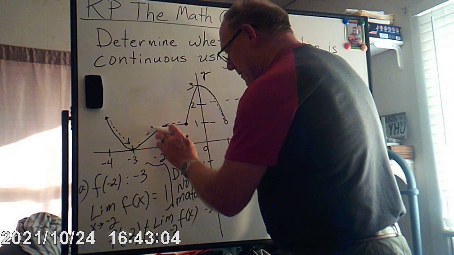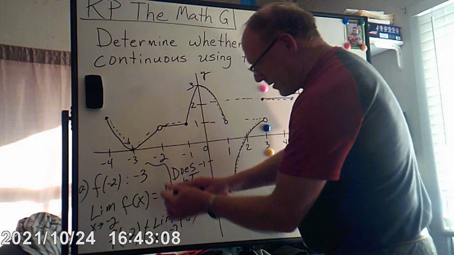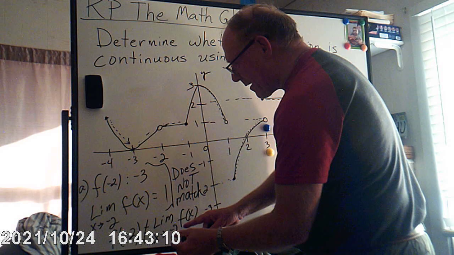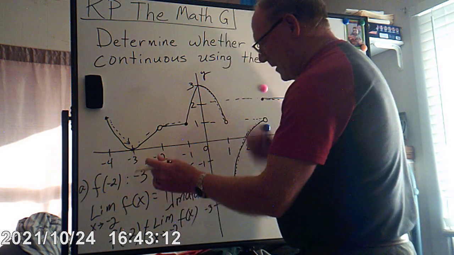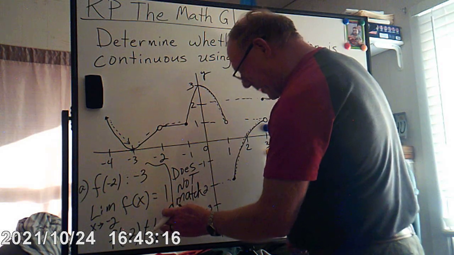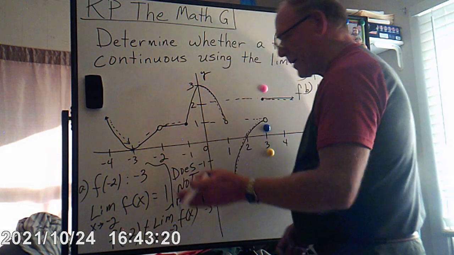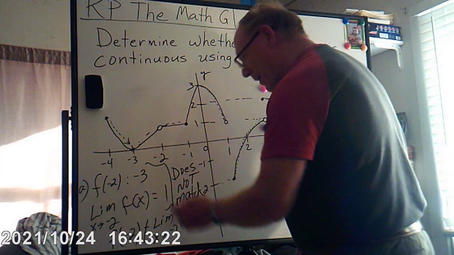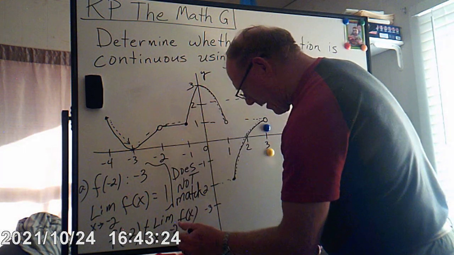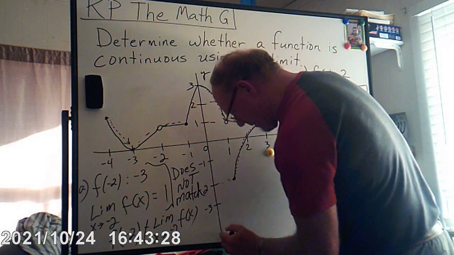But again, this is the key, is you have to look at all three. Okay? In this particular case, before we put the -3 down here, we did not have anything at the first. So anyway, even if you do have a limit here, and I did have a point down here somewhere, it doesn't matter.